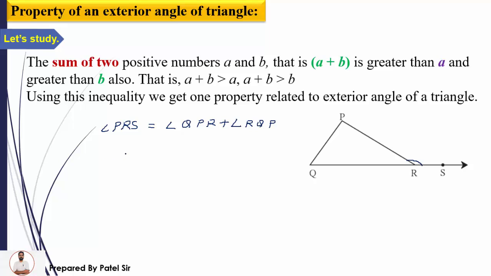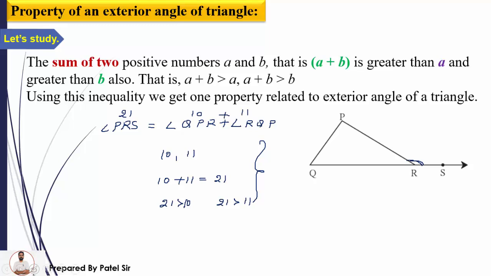It means what? For example, suppose let us take any two numbers, 10 and 11. Here 10 plus 11 equals 21, and now 21 is greater than 10 also, and 21 is greater than 11 also. In the same way, like these two numbers, angle PRS is the same as 21, equal to 10 plus 11.